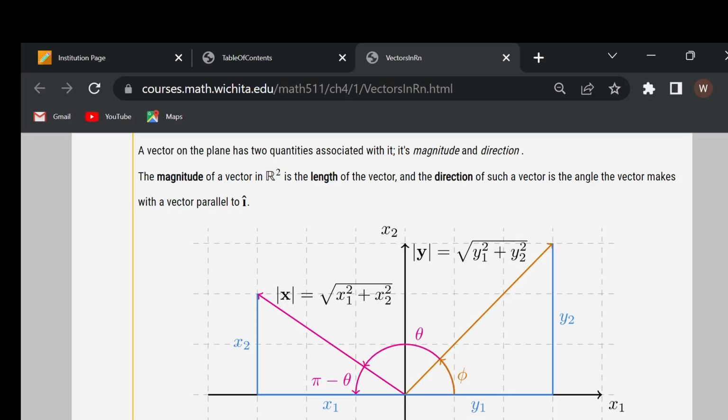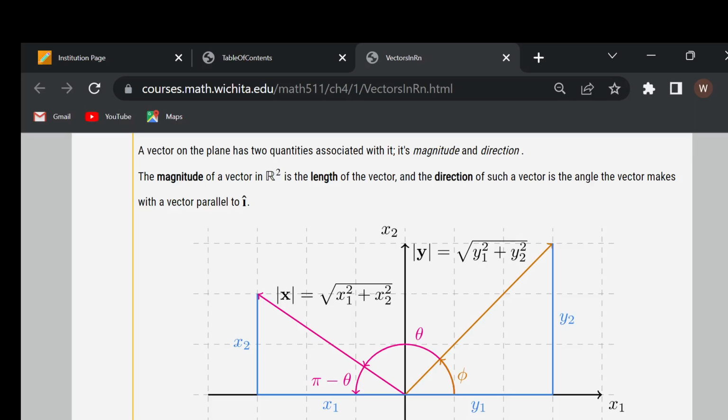But R2 and R3 have this other older vocabulary. So norm is the new vocabulary that we'll use for all vector spaces. But magnitude and length is the old vocabulary from R2 and R3 that is also used for Rn. And we'll explain in Chapter 5 the difference between some of these norms and lengths and magnitudes.